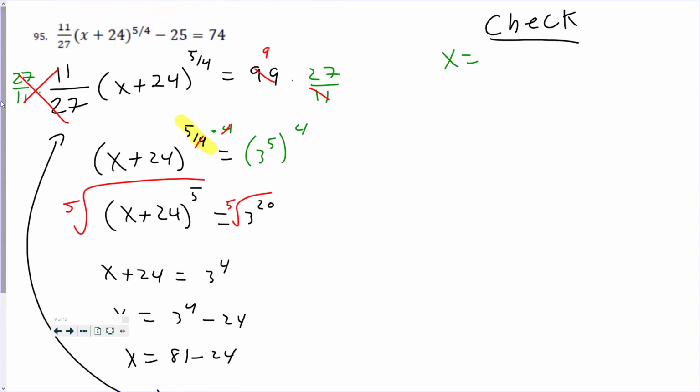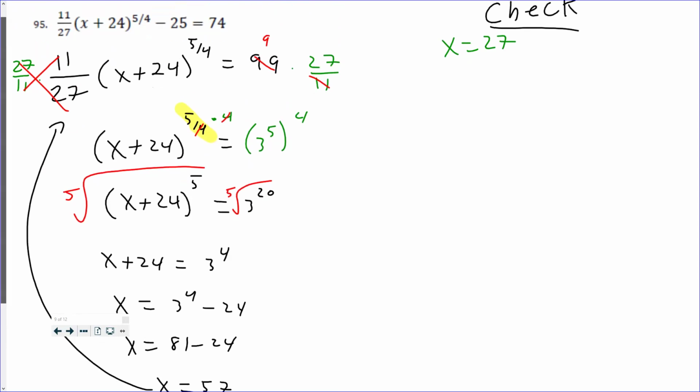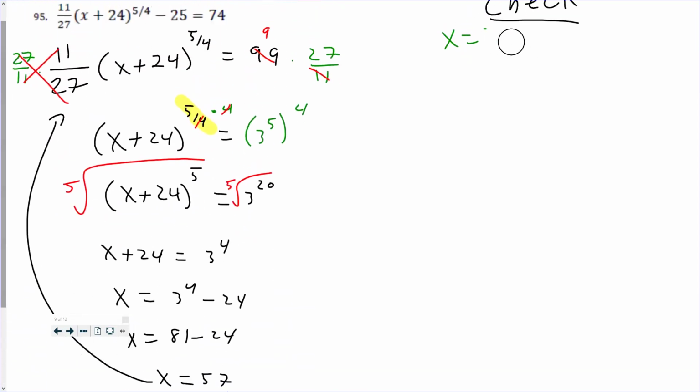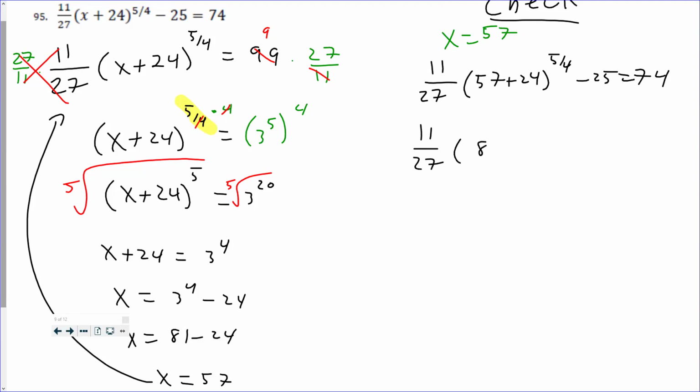So for x equals 57, what we get is 11 over 27 times 57 plus 24 to the 5/4 minus 25 equals 74. So 57 plus 24 is 81. So 11 over 27 times 81 to the 5/4 minus 25 equals 74.